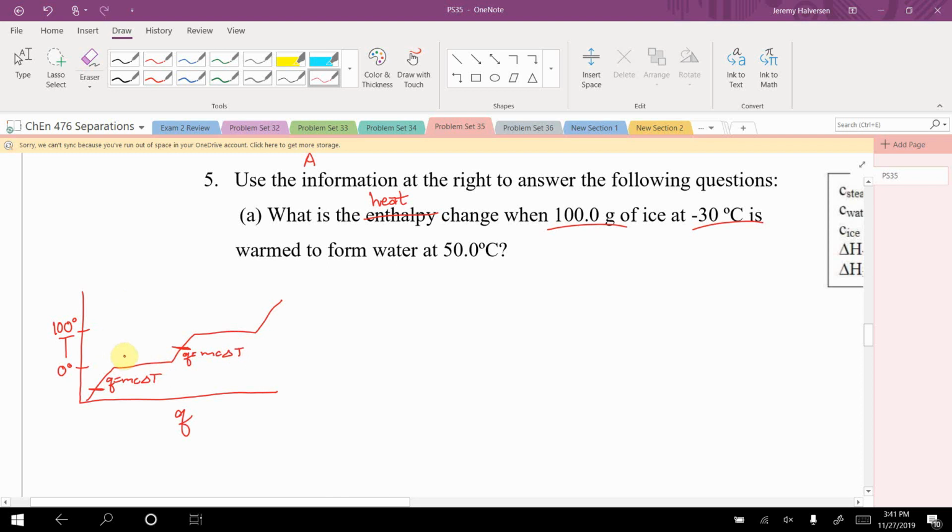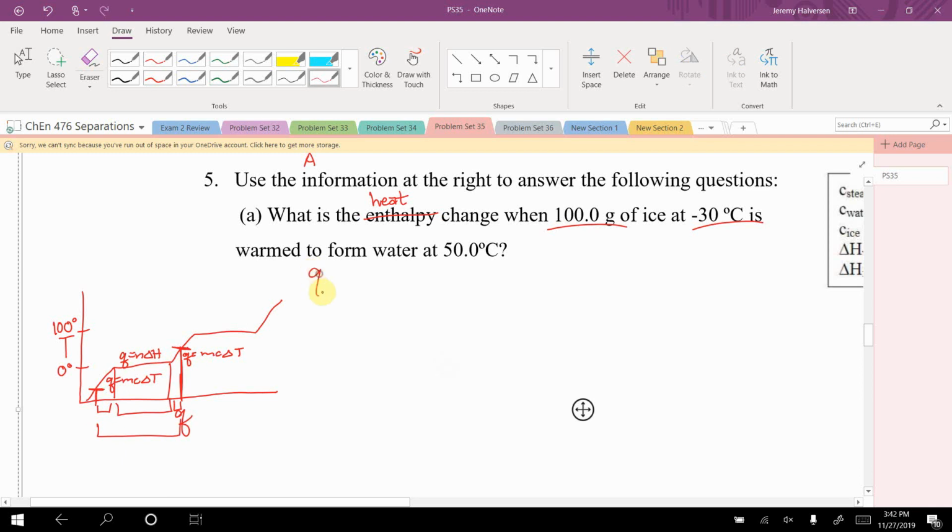If I'm not changing temperature, in this case a phase change, I'm going to use n delta H. So if I want to calculate the heat from this point to this point, I'm going to do it in 3 steps: 1, 2, 3. Then I'm going to add all those together to give me my total heat.